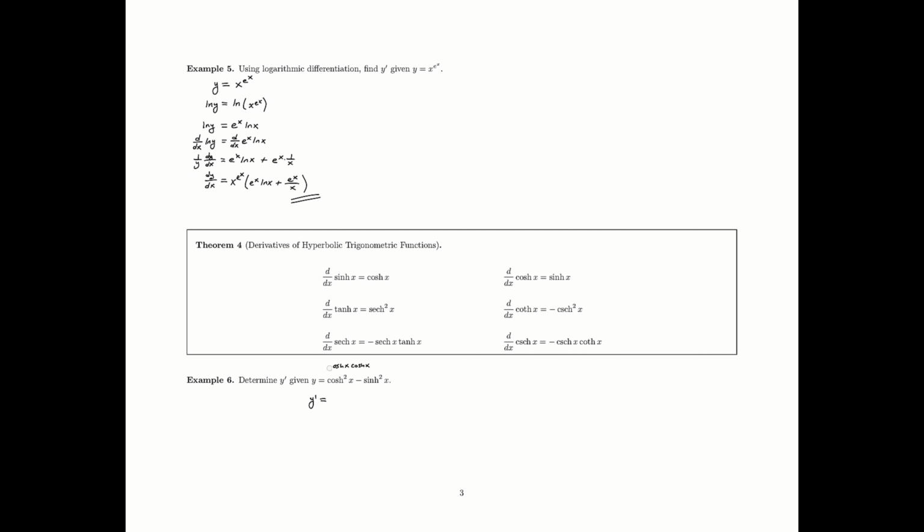So this would be 2 times the cosh of x times the derivative of the inside. Well, what's the derivative of cosh? Sinh. Minus 2 times sinh, leave the inside alone, multiply by the derivative of sinh. That's cosh. Well, they cancel, so we get that the derivative y prime is 0.